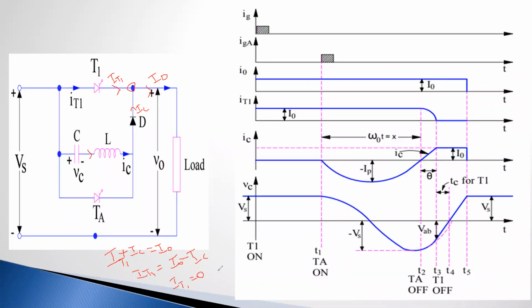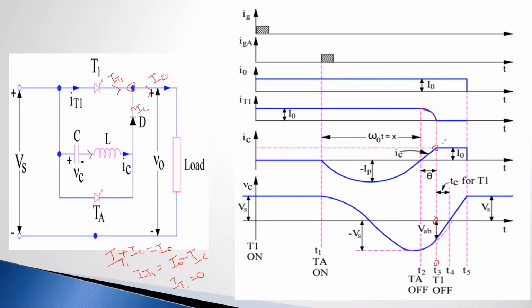IT1 is equal to 0 at this point, at time t equal to T3. At time T3, the capacitor current is equal to the load current. Then when IC is equal to I0, I0 minus IC gives IT1 equal to 0. The current through the thyristor T1 is 0.